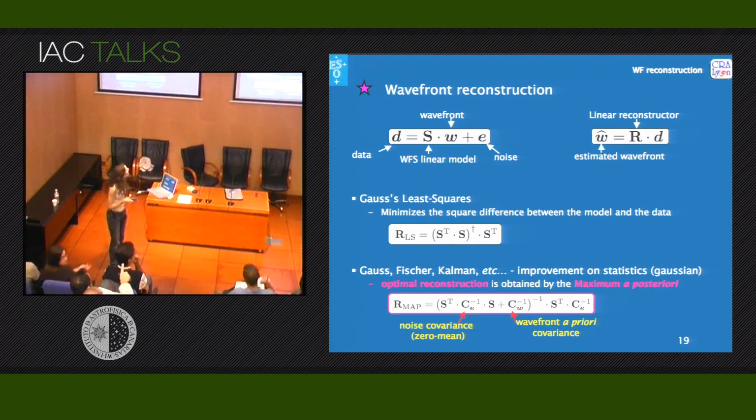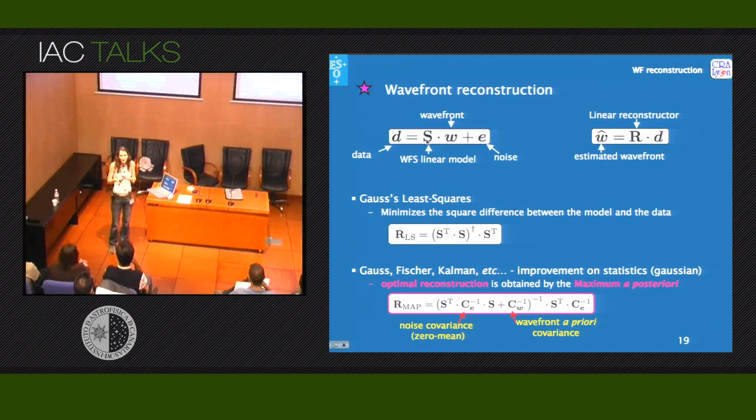Inside, S is a matrix. You can approximate the local derivative with a finite difference. Usually the most used model for the Shack-Hartmann wavefront sensor is that you try to reconstruct locally the perturbations of the wavefront.